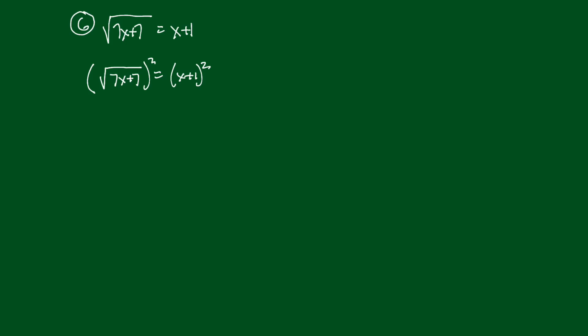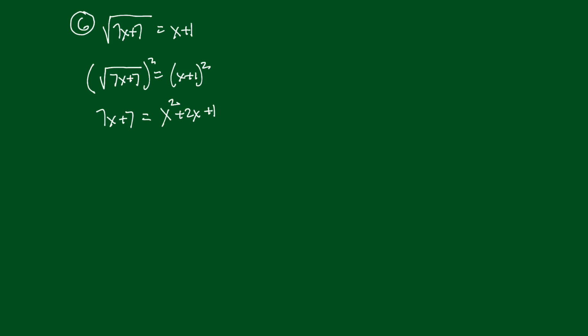On the left side, square the square root, we just get the radicand, the quantity under the radical. And on the right side, oh, we're squaring 2 terms. We have a way to do this. Just talk your way through it. Square the first, x squared. Multiply these 2 together. X times 1 is x, but you double it. So plus 2x. And then you square the last. Square the 1, you get a 1.